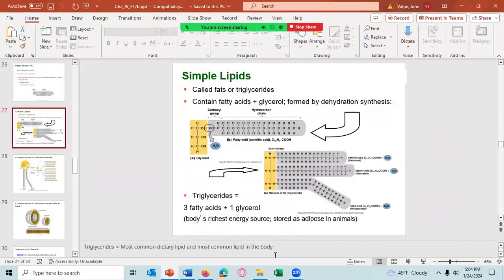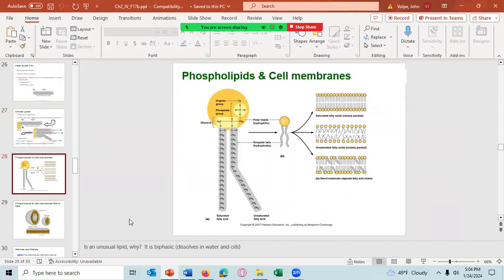So we talked about the simple lipids and said that triglycerides are made by combining 3 fatty acids with 1 glycerol. Let's move on to the phospholipids. The phospholipids are the main molecule in the cell membrane, at least of eukaryotes and bacteria.